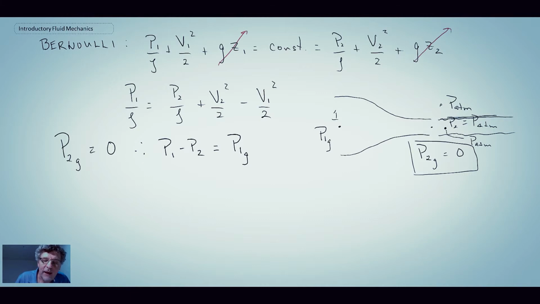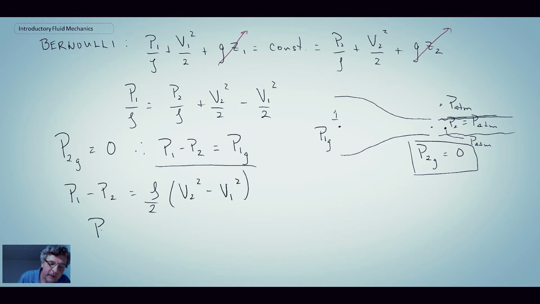So with that, we can take this and plug it into our Bernoulli equation, and I will isolate P1 minus P2 on the left. And we know that that is then P1 gauge, and that will be rho over 2 times the velocity difference.